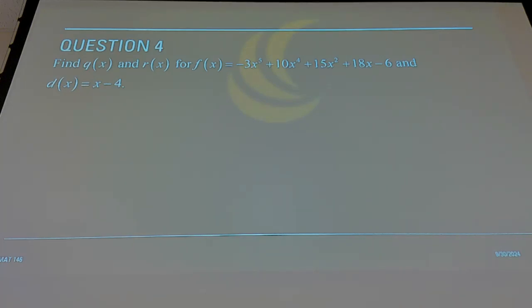What's K? That's not K, that's your divisor. What is K though? What does K stand for?